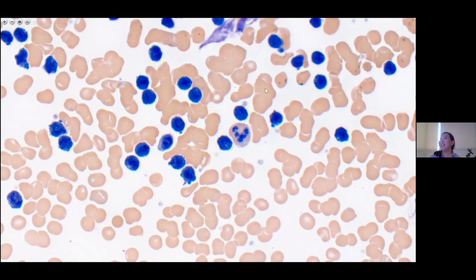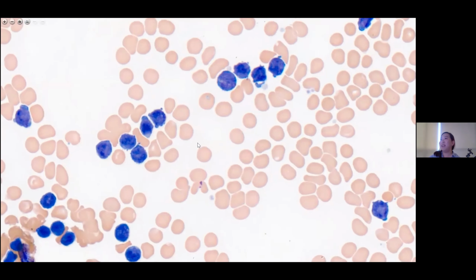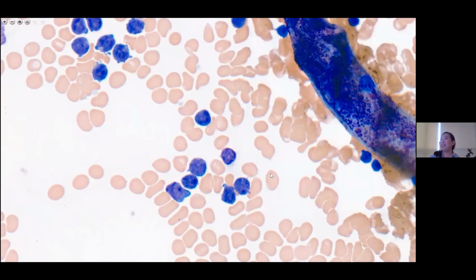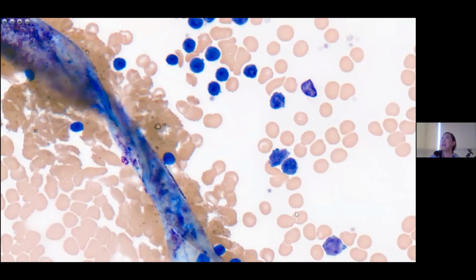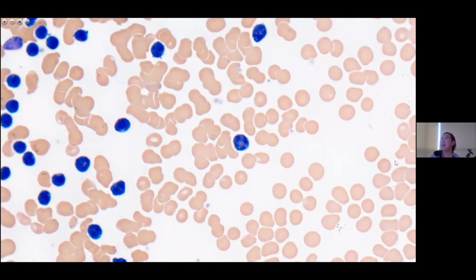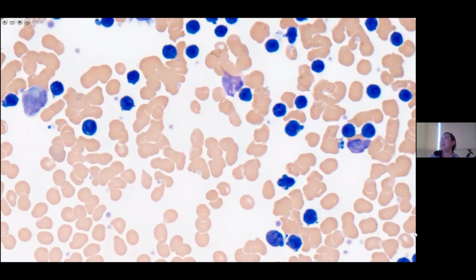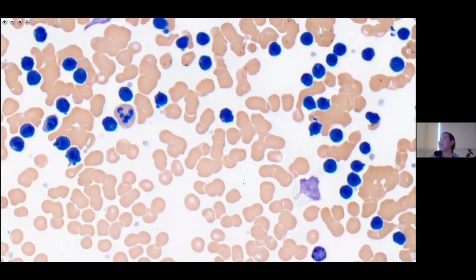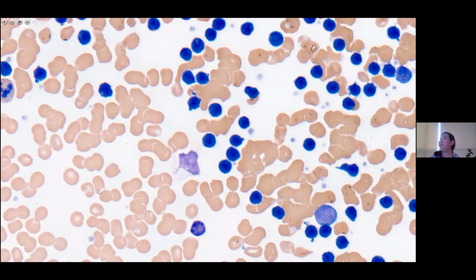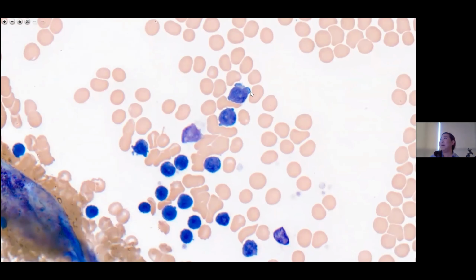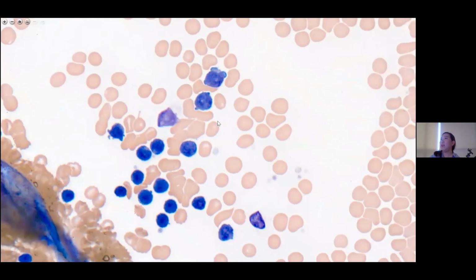So this patient has, as you see, markedly increased lymphocytes, and this is above 100 if you diff it. And they look pretty monomorphic, right? And they also have, if you see here, some of the cytoplasm have this sort of bleb or cytoplasmic protrusion in a lot of these cells.